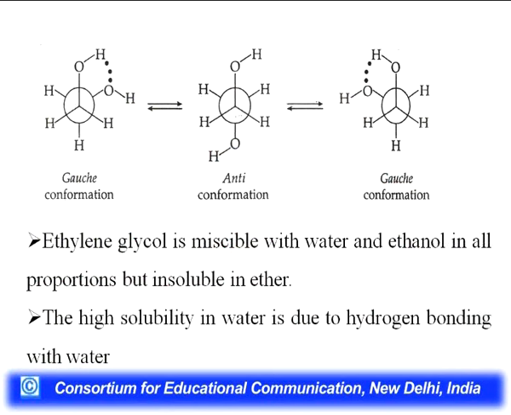This imparts greater stability to the Gauche conformation than the anti conformation. So, to understand clearly the hydrogen bonding extent for boiling point, we need to understand the Gauche conformation and anti conformation of ethane 1,2-diol. And you can see in the structures what the Gauche conformation is and what the anti conformation is.